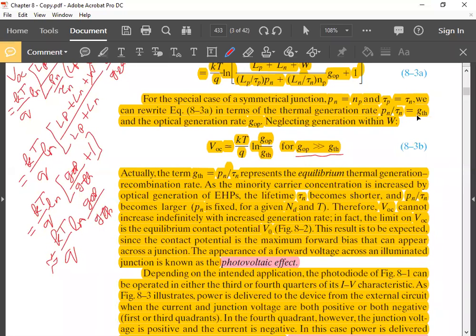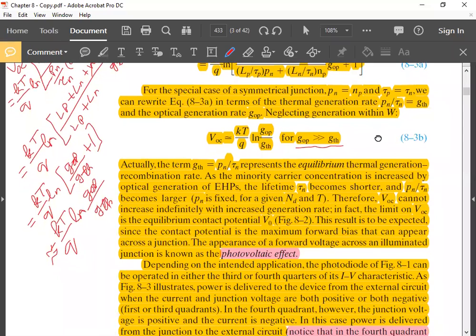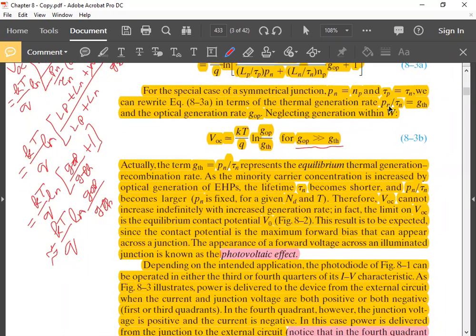So what will happen to G_thermal? P_n by tau n is G_thermal. G_thermal will also increase. So if you increase G_OP, VOC will increase a bit, of course, but at some point G_thermal will also increase, and by increasing G_OP you will not be able to increase VOC a lot.